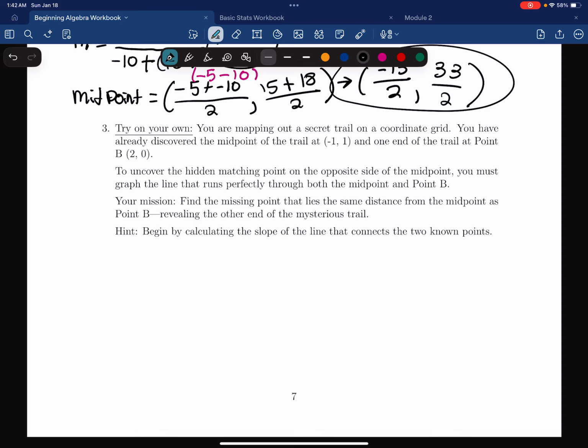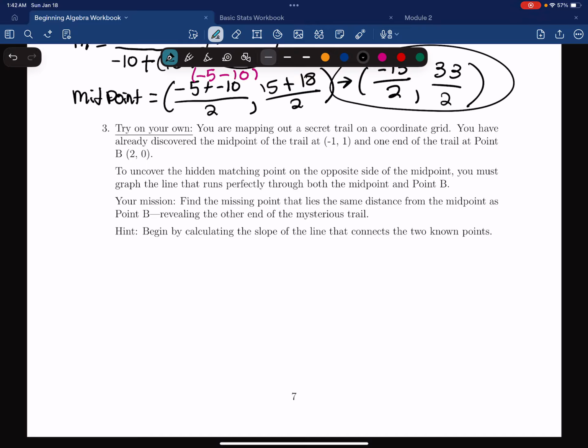Alright, so it says, you are mapping out a secret trail on a coordinate grid. You have already discovered that the midpoint of the trail is at the point negative 1, comma 1. And one end of the trail is at point B, which is 2, comma 0.